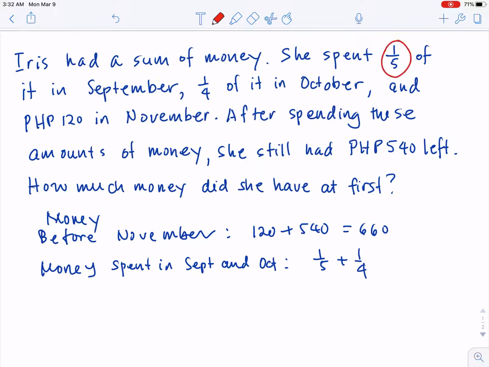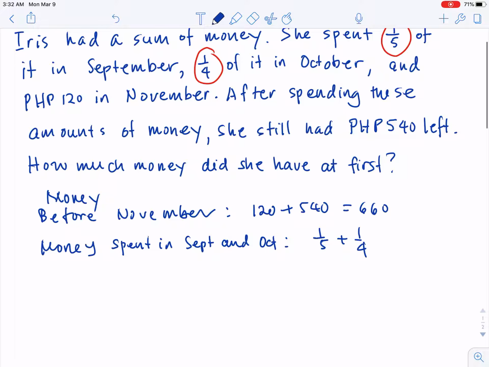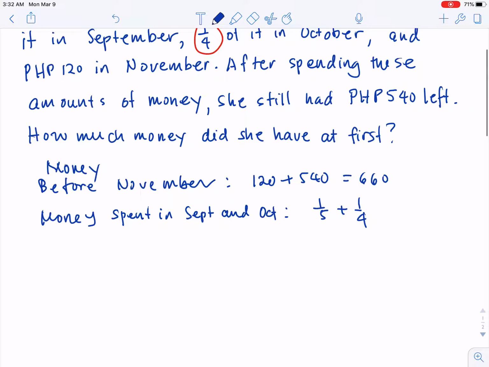So 1/5 at saka 1/4. Okay, so ano ba ang 1/5 at 1/4? Anong LCM natin? So 1/5 plus 1/4, pwede natin kunin yung LCM ng 5 and 4.